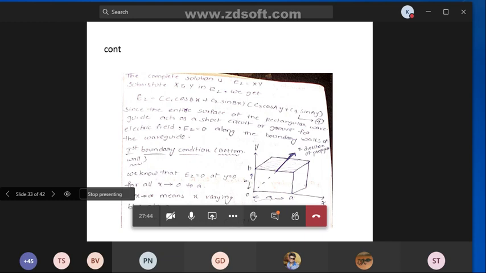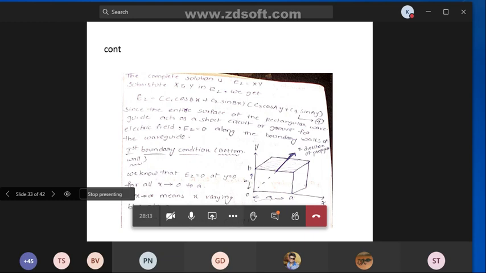See here, since the entire surface of the rectangular waveguide acts as a short circuit or ground, the electric field Ez equal to 0 along the boundary walls of the waveguide. It is a waveguide, so it has 4 walls: top wall, bottom wall, left side wall and right side wall.